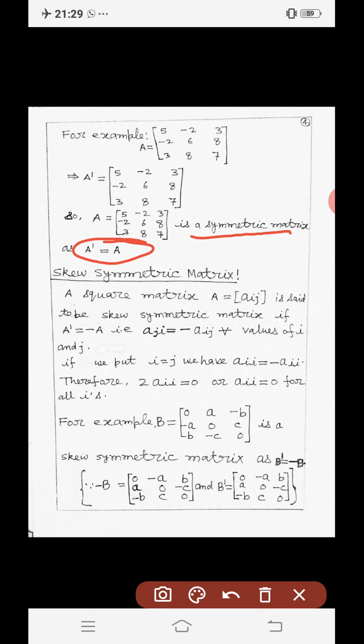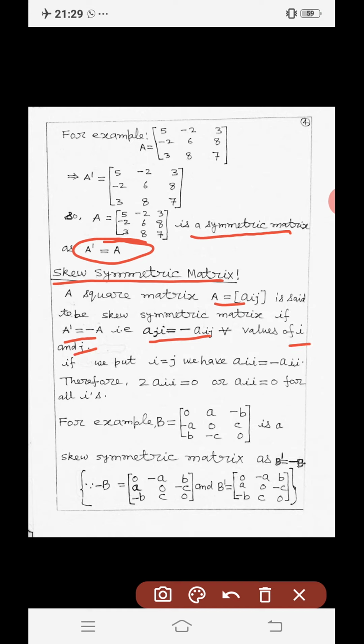Now we will discuss skew symmetric matrix. A square matrix A equal to [aij] is said to be skew symmetric matrix if A transpose is equal to -A. That is, aji equal to -aij for all values of i and j.